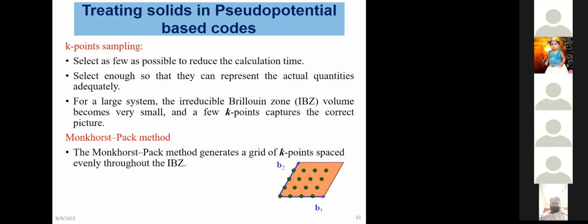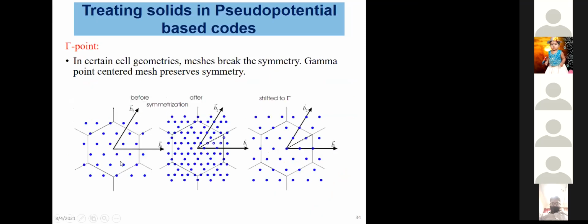The k points in the Brillouin zone will be evenly spaced, and it will be symmetrical. Also, if you have a reciprocal space with k points in it, and we have our reciprocal lattice vectors as B1 and B2, and the point where B1 and B2 meet is in the center of the cell but is not on any of the k points, this will give us unevenly spaced k points within our reciprocal lattice vectors B1 and B2.